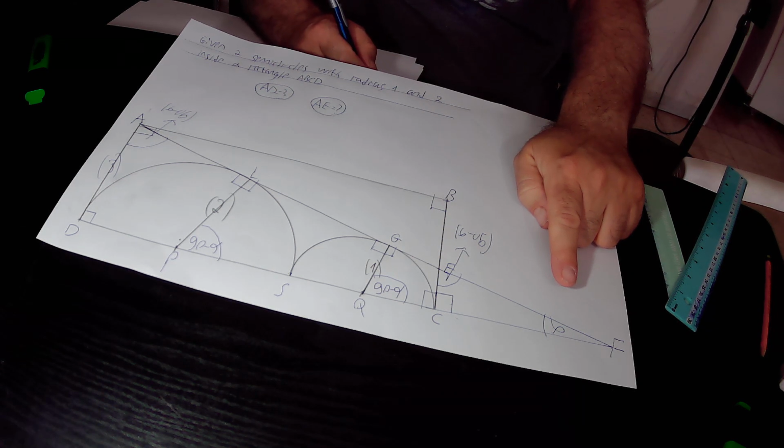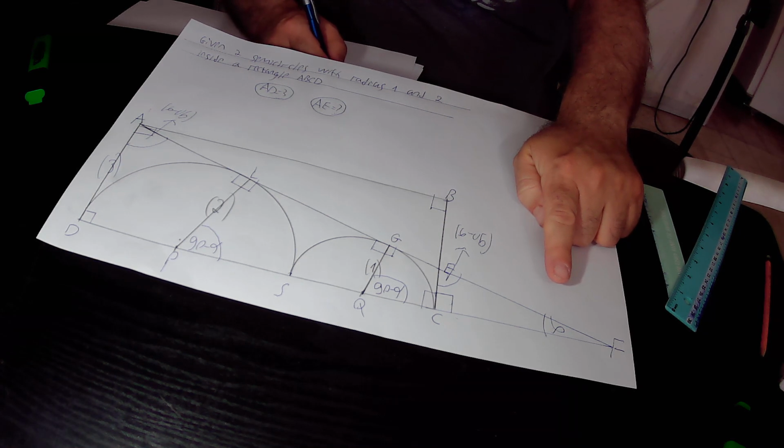And if we relate to this angle alpha as it belongs to the small right triangle GQF, it will be defined as angle GFQ.